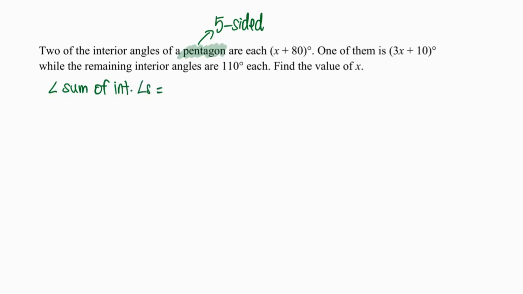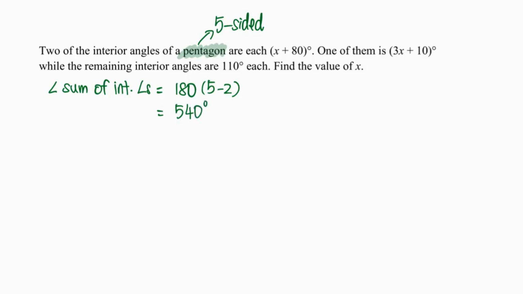This one will be n minus 2 times 180. And because now I know the n is 5-sided, so 5 minus 2, this will give me 540 degrees.